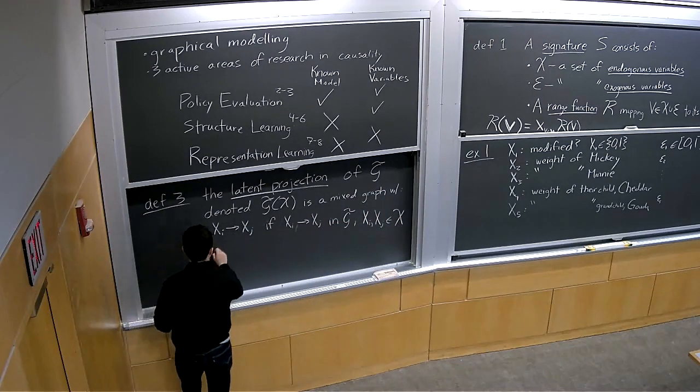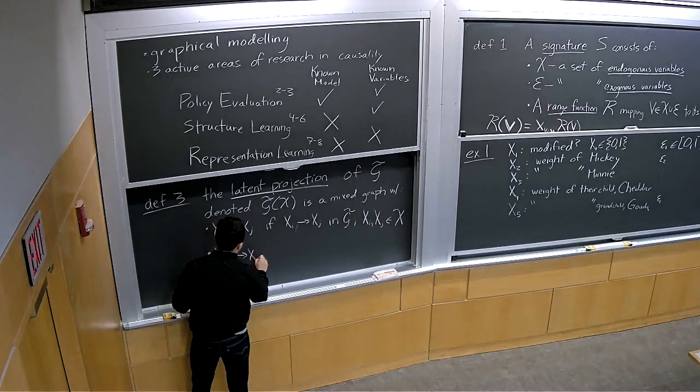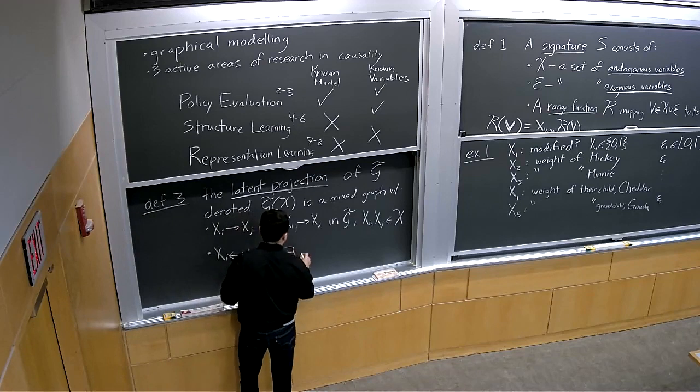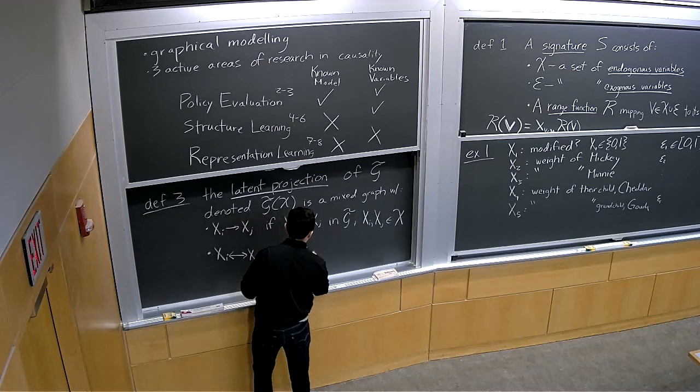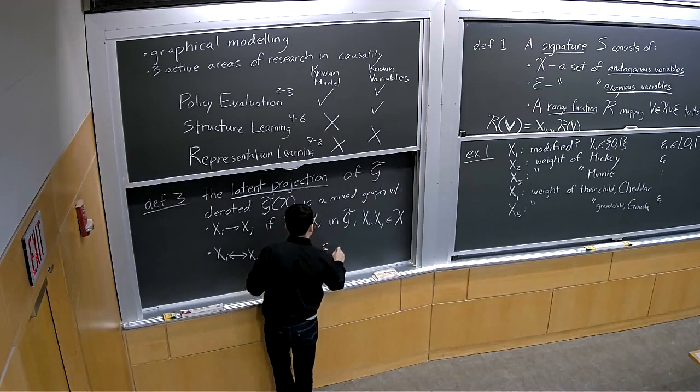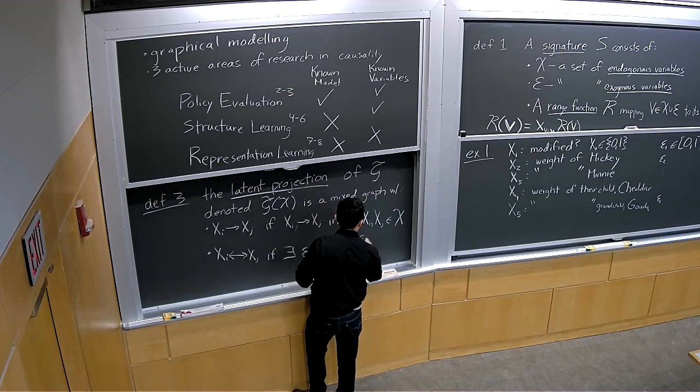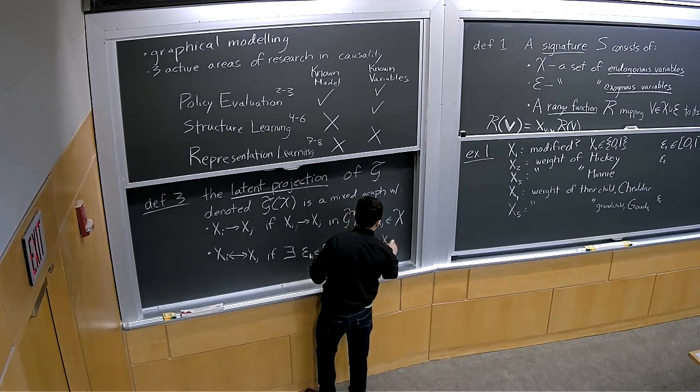And then we're going to introduce a new edge type, a bidirected edge between xi and xj, if there exists some latent variable epsilon k such that epsilon k has an edge to xi and epsilon k has an edge to xj.